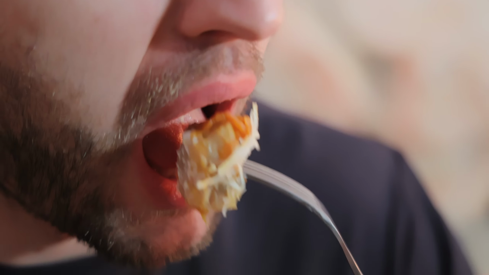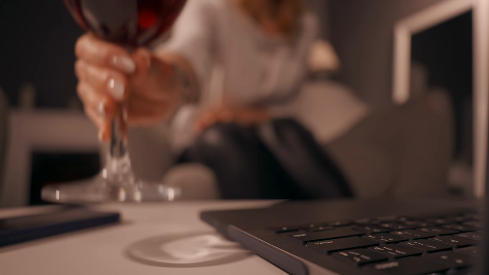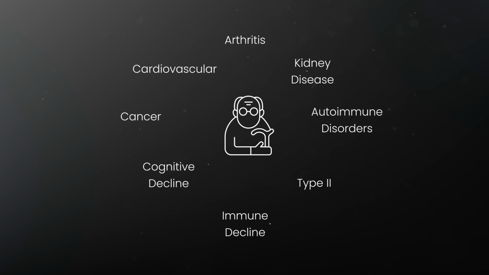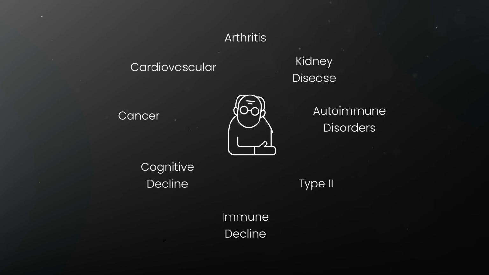It's not how much you eat or how much alcohol you consume or whether you exercise or whether you smoke. It's really how old you are. And this observation that age is the greatest risk factor for all of these functional declines and diseases suggests that there really may be a central root cause in the biology of aging that is contributing to the increased risk of onset and progression as we get older.